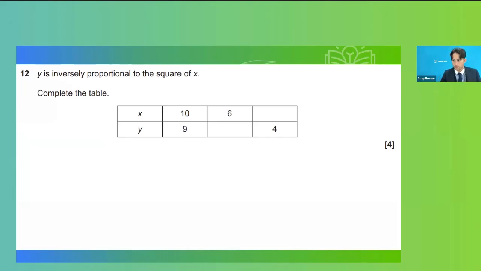Brilliant. And then we'll push on again to, as I said, some of the hard questions. So x and y. Now this time it says y is inversely proportional to the square of x. Oops, not the square root of x, to the square. So y is equal to k over x squared. We've got a pair of values.